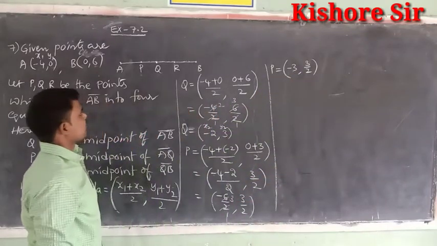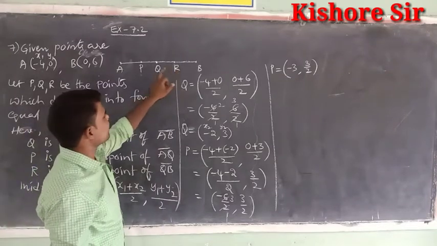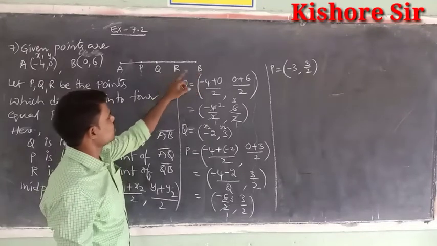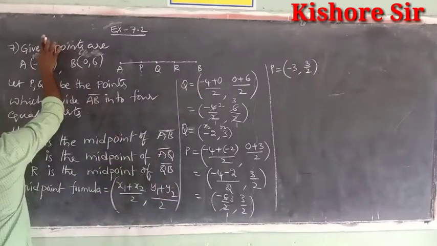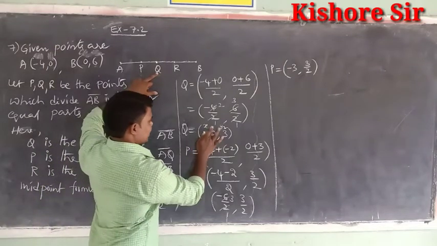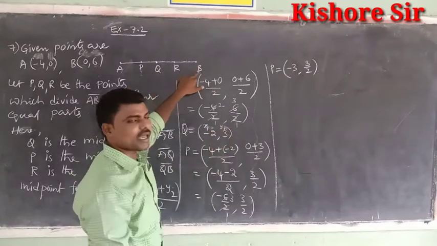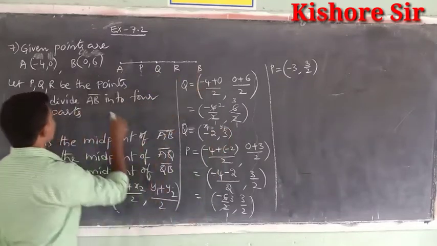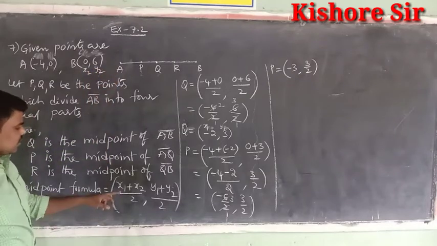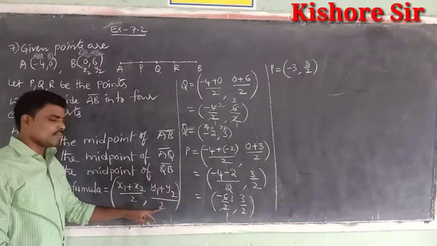Next, we have to find the coordinates of the point R. R is the midpoint of QB. Take the first point Q as x1 y1 and B as x2 y2. The formula is x1 plus x2 by 2, comma y1 plus y2 by 2.